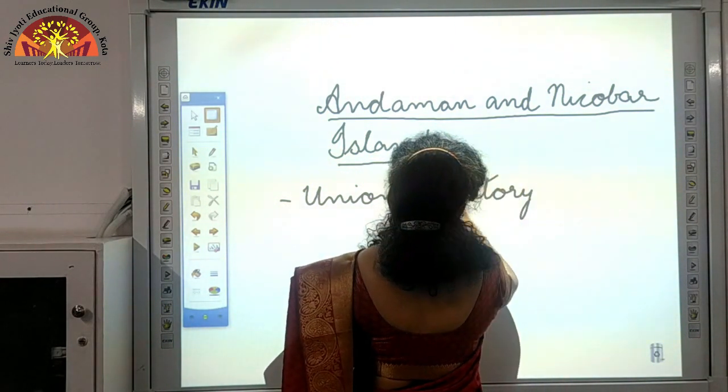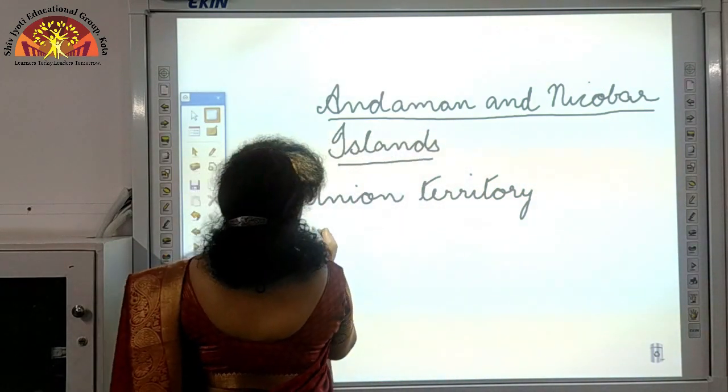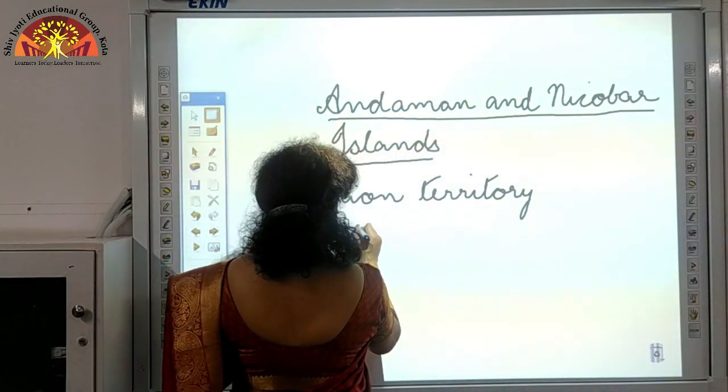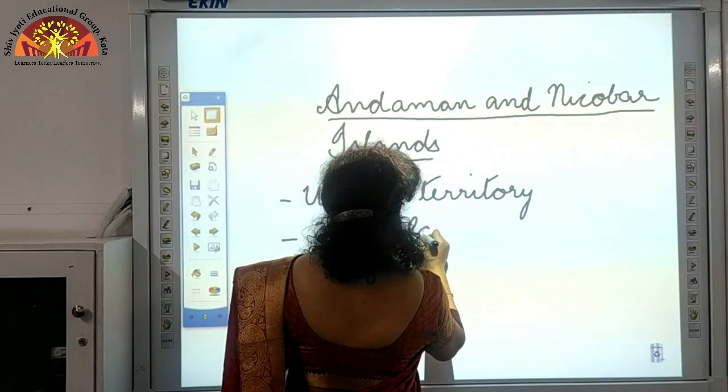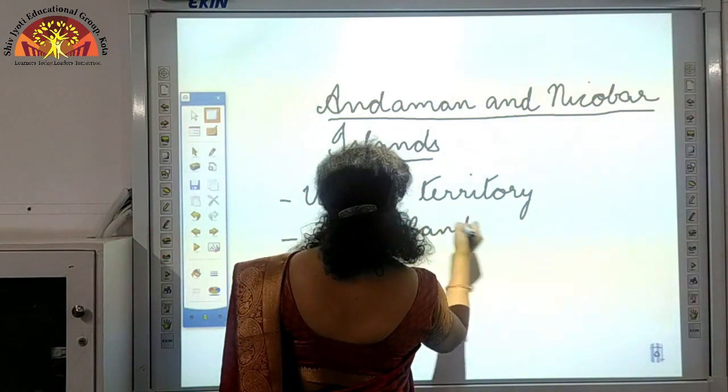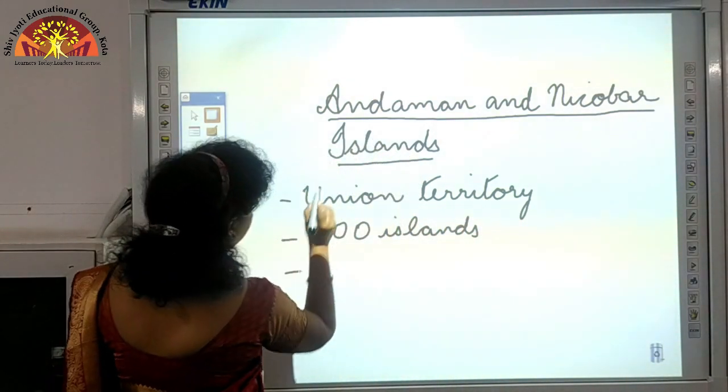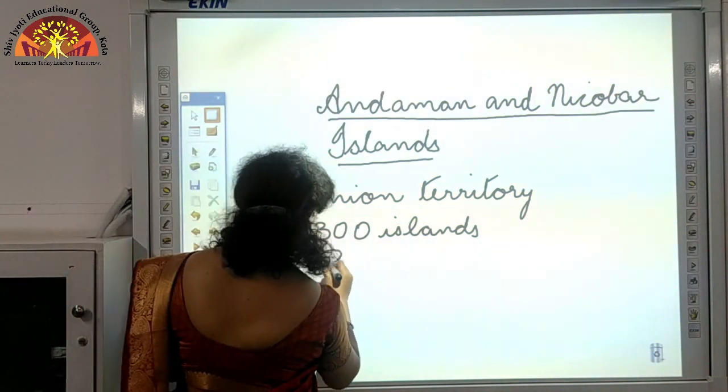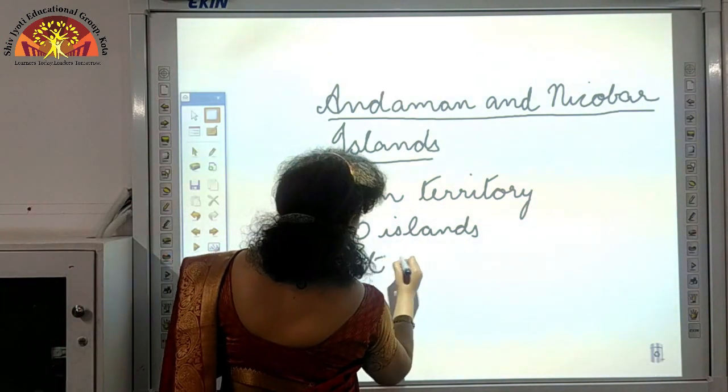It is a group of around 300 islands, and the capital of Andaman and Nicobar Islands is Port Blair.